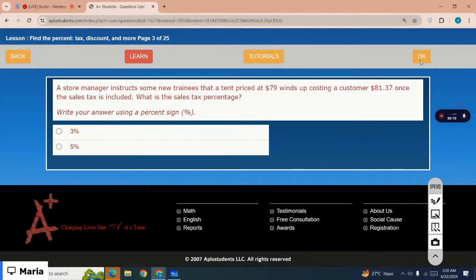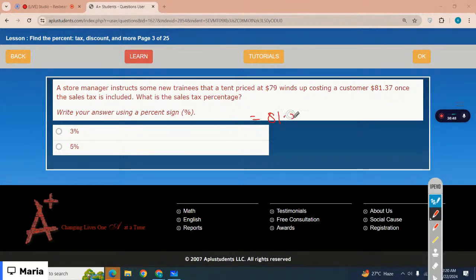A store manager instructs some new trainees that a tent priced at $79 winds up costing a customer $81.37 once the sales tax is included. What is the sales tax percentage? So you need to calculate the rate of change, right?